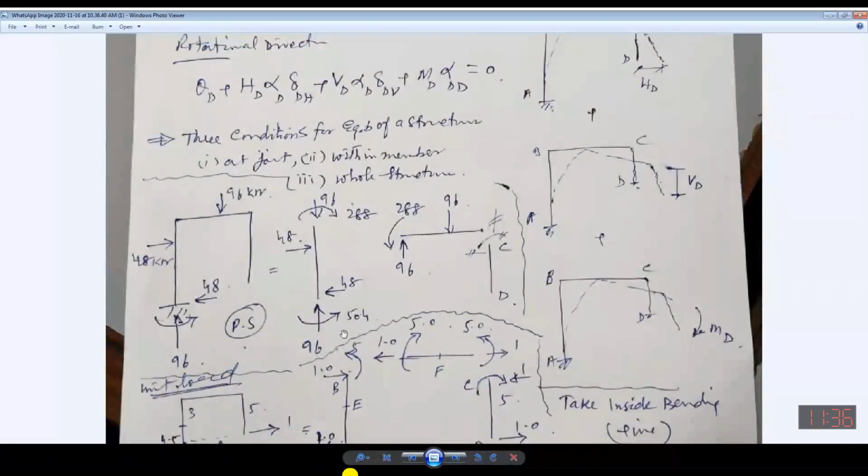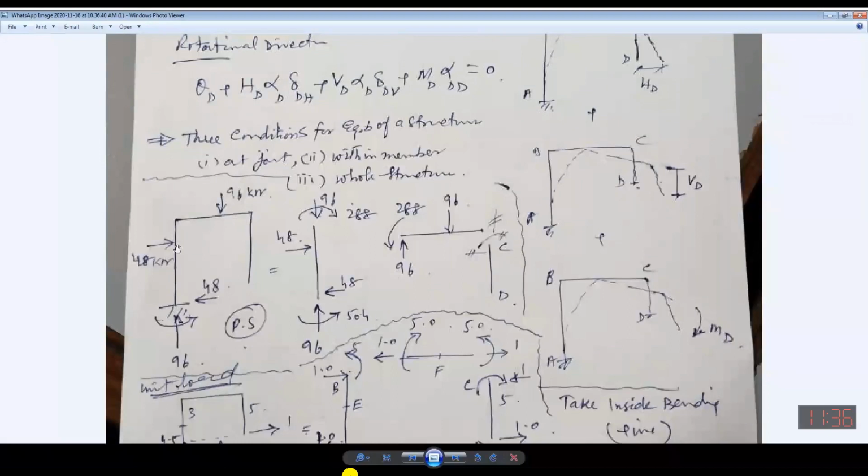Now you will see, if I talk about A to E, this is part AE, and its distance varies from 0 to 4.5.